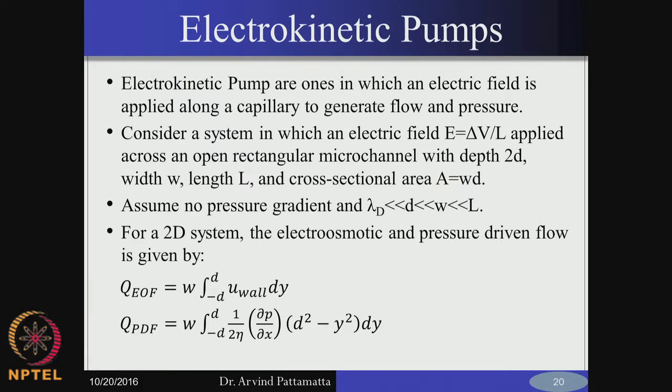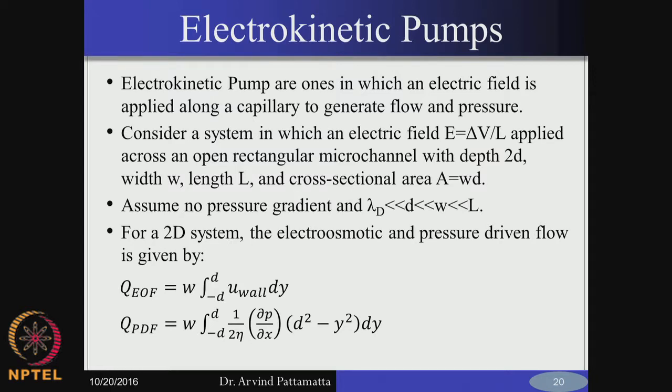This is a channel case. So, suppose you apply an external electric field, E is equal to delta V by L, a potential difference over a length L, and you assume the rectangular microchannel to be of depth 2D, width, length and cross-sectional area and so on. Okay.